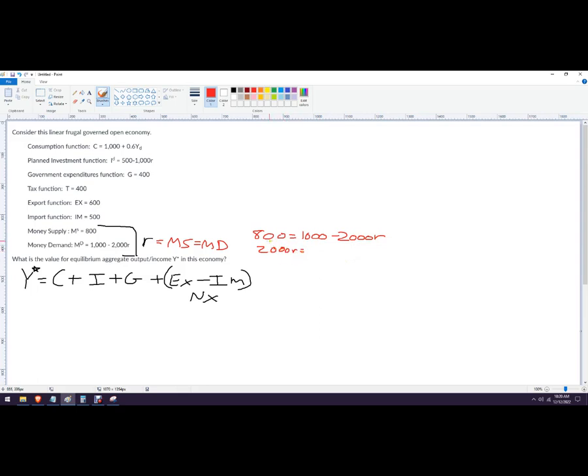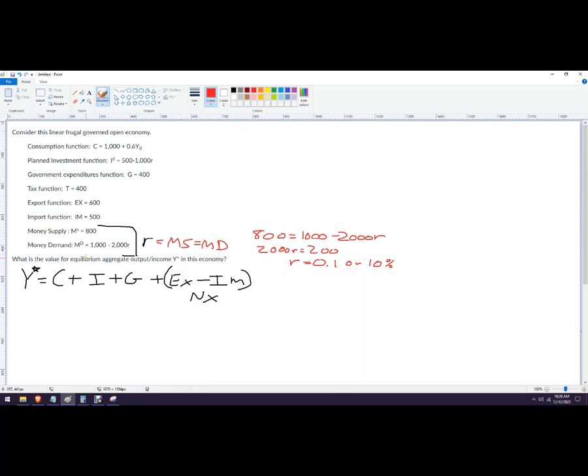Then subtract 800 from 1,000, and it's 200. And R is 200 divided by 2,000, which is 0.1, or in how people talk terms, 10%. So we know that the interest rate in this economy is 10%. Pretty high, but whatever, that's what we're working with.